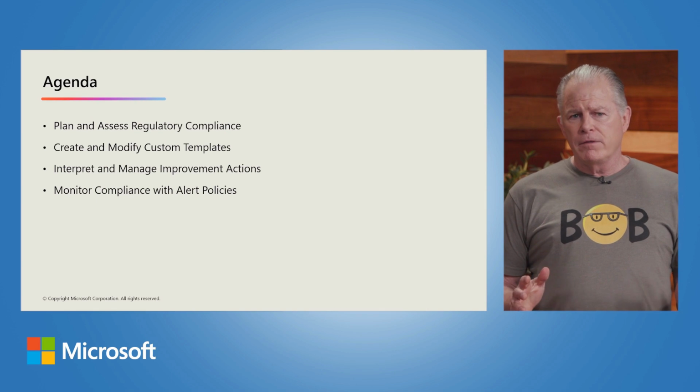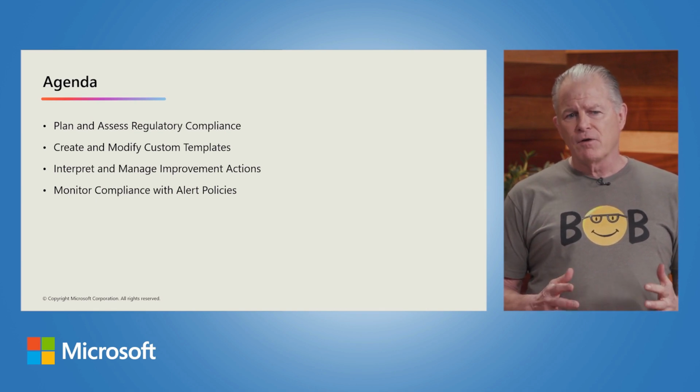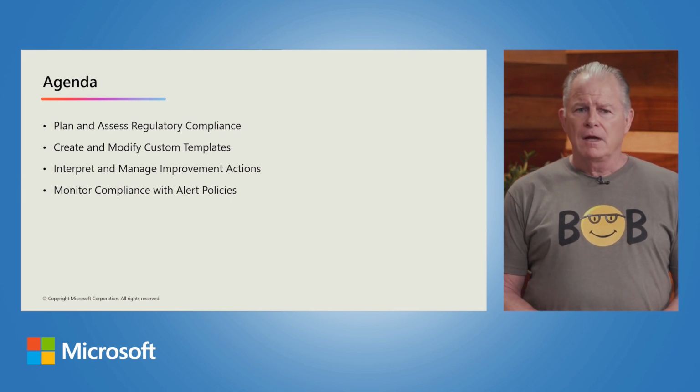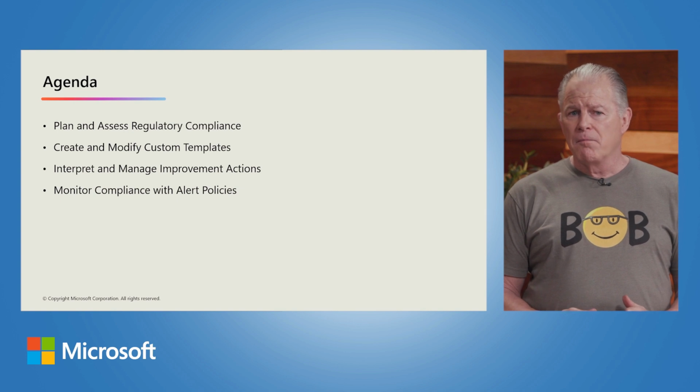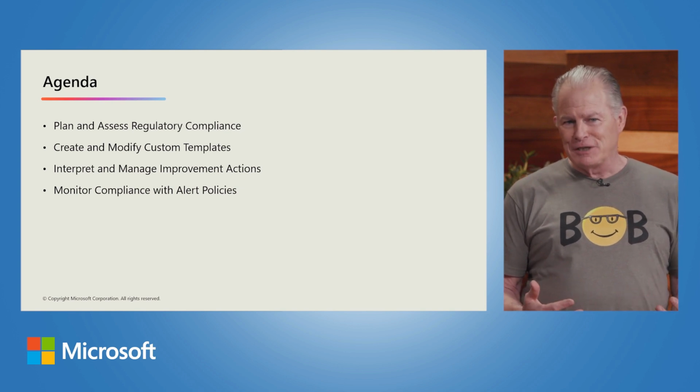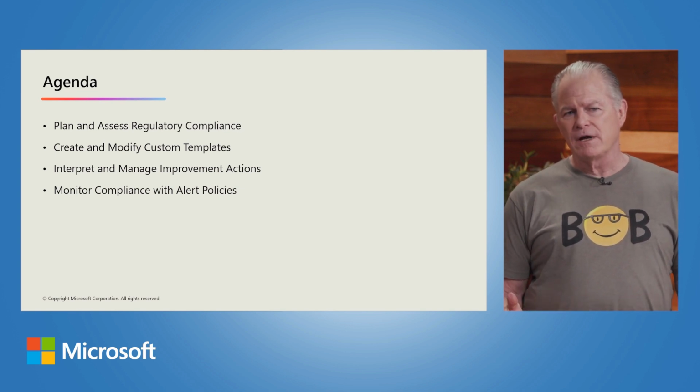Let's get into this. With all the deployments and the configurations of compliance and governance components that we've talked about, at the end of the day, you want to make sure that you are monitoring that your compliance goals are being maintained. And as environments change over time, you want to make sure that the drift is within acceptable measures.